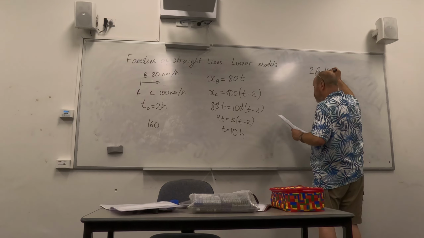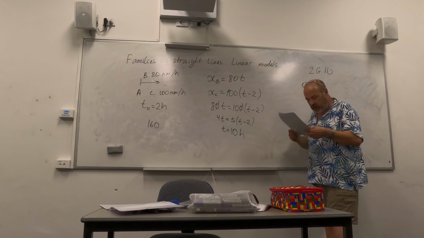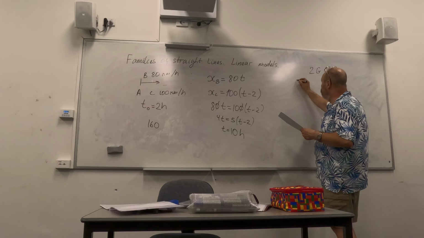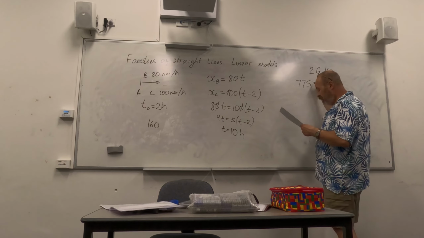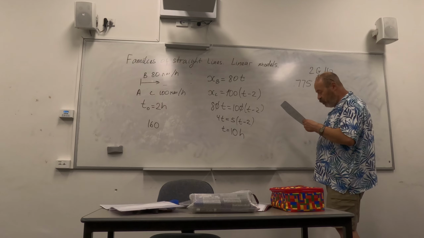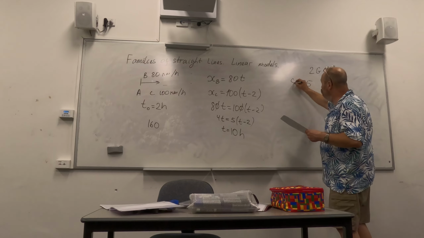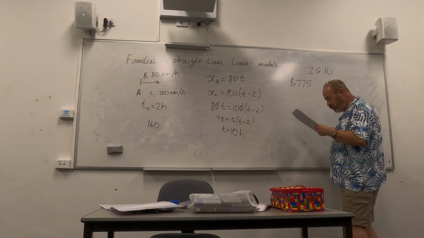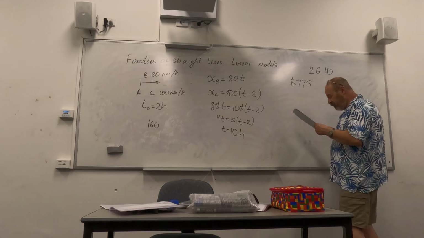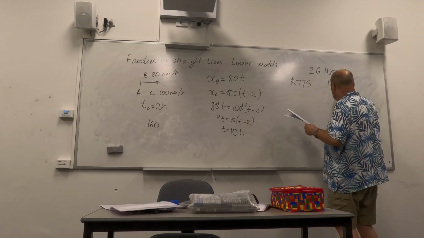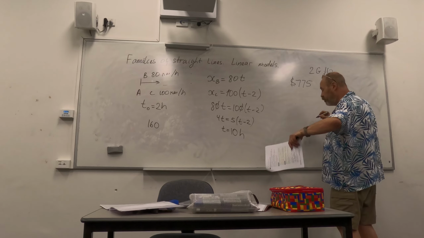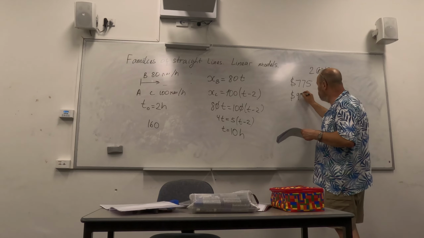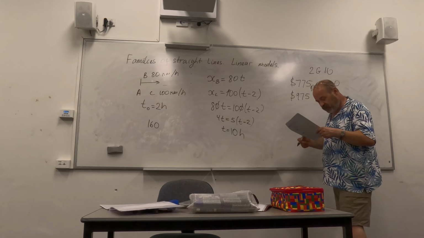An electronic bank teller registered $775 after counting 120 notes, and then after counting 160 notes, there are $975.